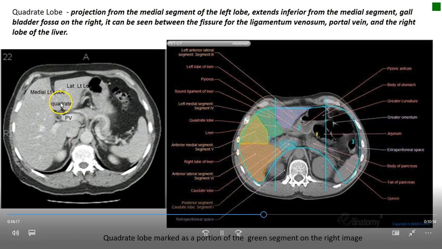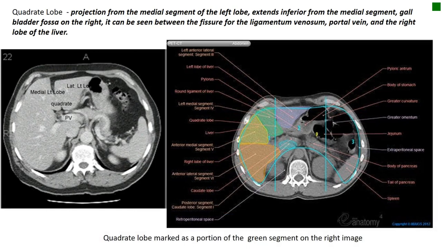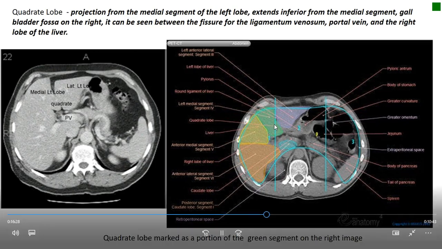And on this image over here, this is from eAnatomy, and this is available to you through the library. If you're not sure how to do that, it should be in the announcements section. I do not know, however, if the segments of the liver are color-coded now. It used to be that you could get the color sections up here, as you see, purple, green, yellow, orange.